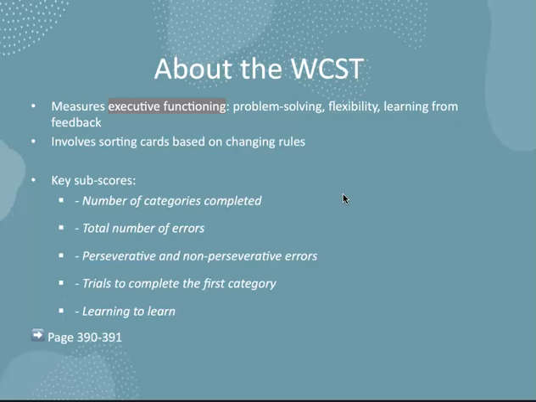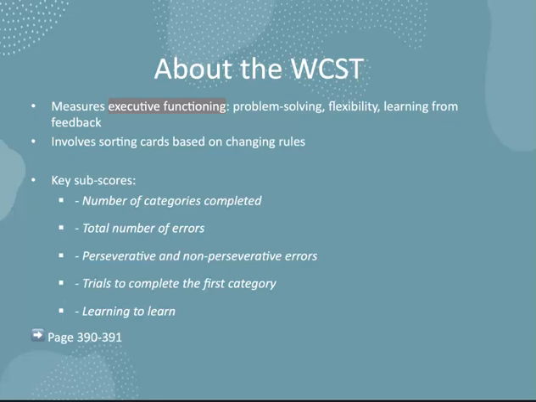So these sections explain what the WCST is. It's a neuropsychological test. It's a nonverbal test. It measures executive functioning. So this test asks people to sort cards based on different rules that keep changing. So it checks how well you can solve problems, switch strategies, and learn from feedback.